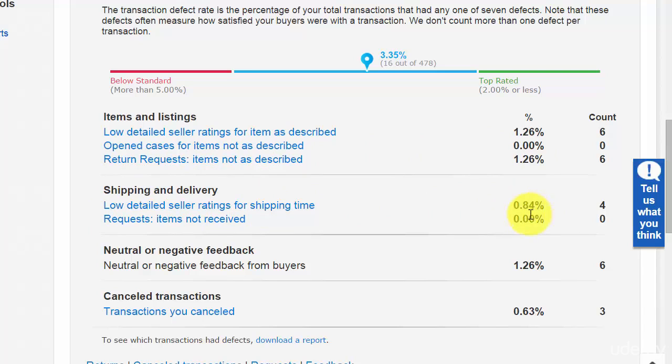It's not a lot, less than 1%, but I have 4 counts there. Also neutral and negative feedback from buyers. This is why keeping customers happy and making sure they leave you good feedback plays a big role in your overall percentage. I had 6 counts, so that equals 1.26% here.